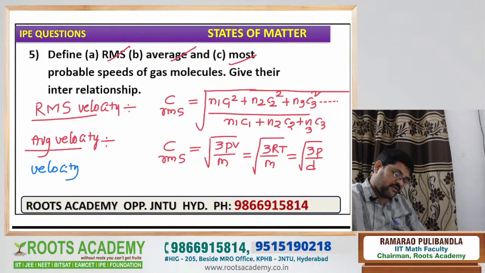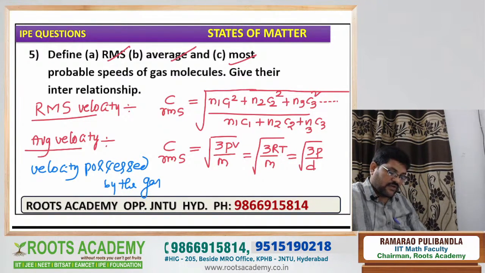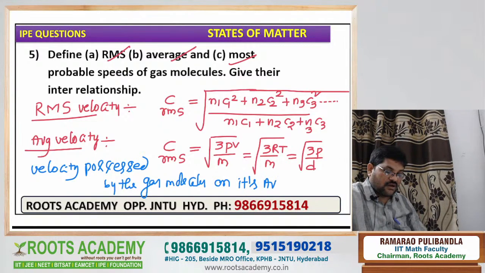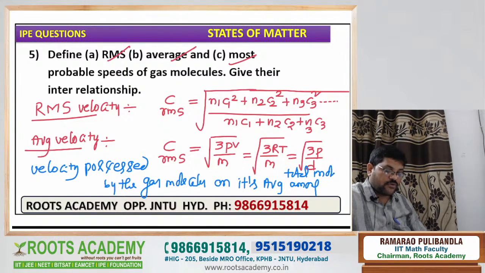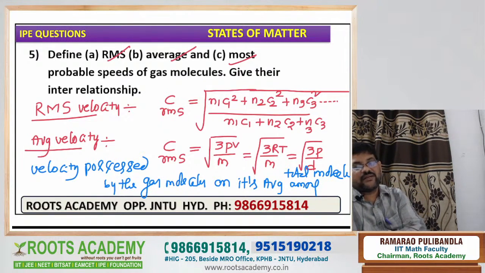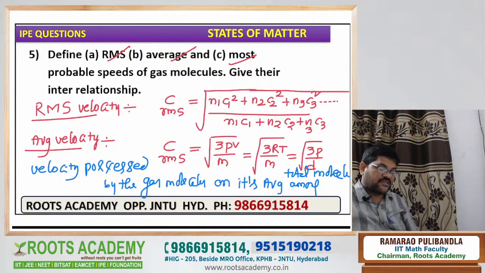Velocity possessed by the gas molecules on average among total molecules is called average velocity.